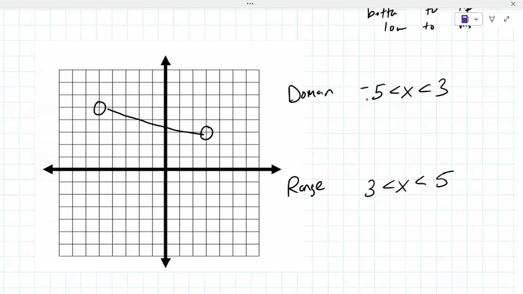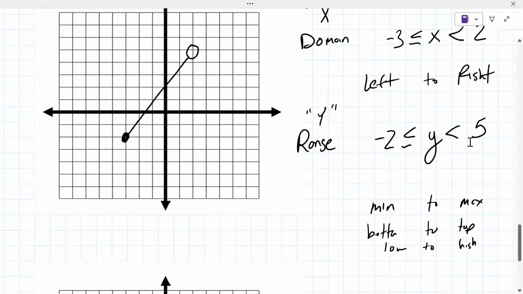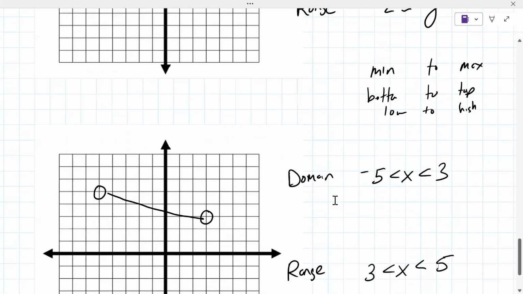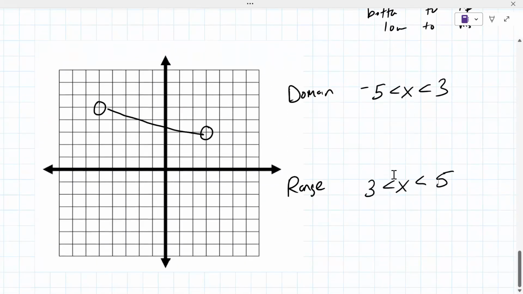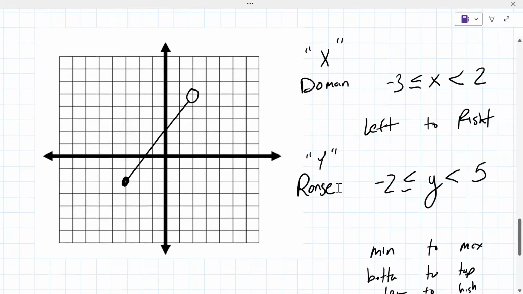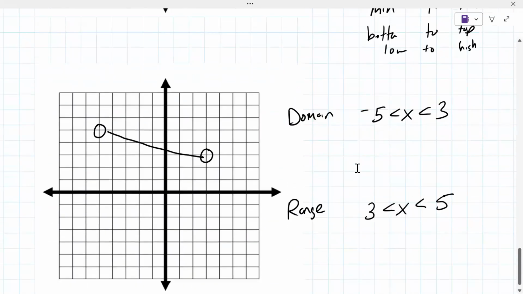Yep. Okay. Let's take a look at our previous one. There's a key difference between domain and range. You've used the same letter for both. Oh, crap. Oh, it's y, of course. I had that written down too.